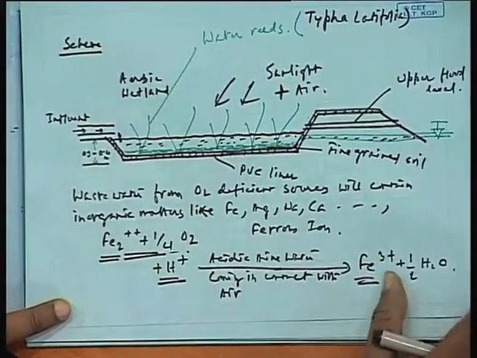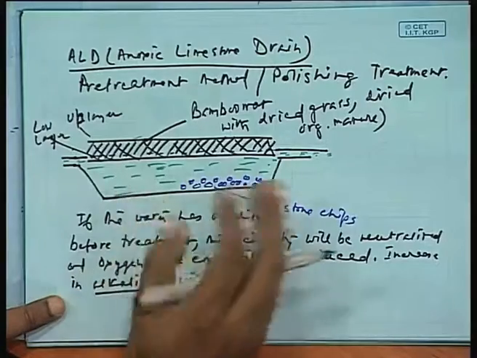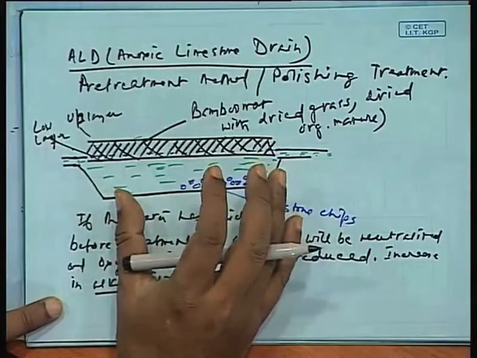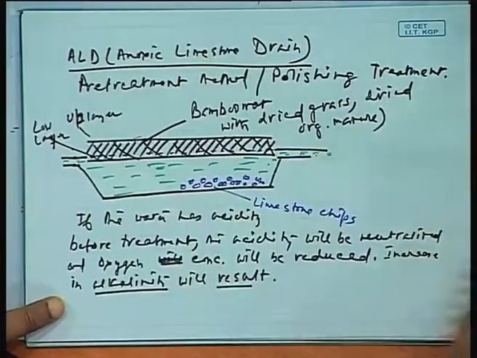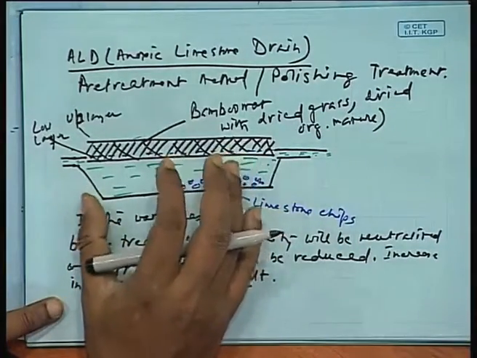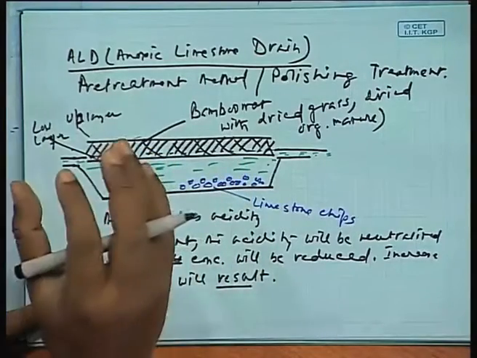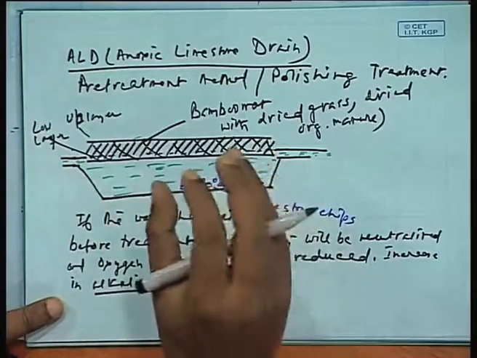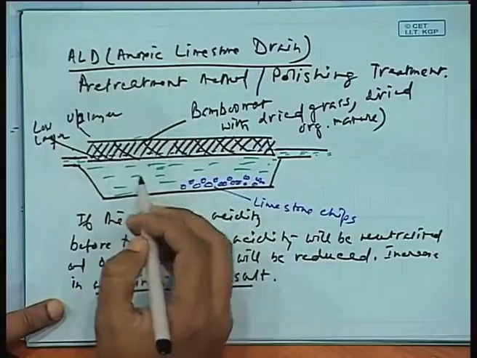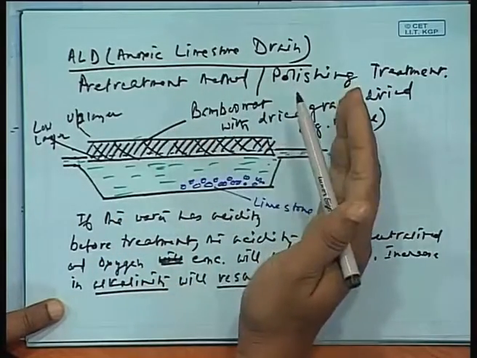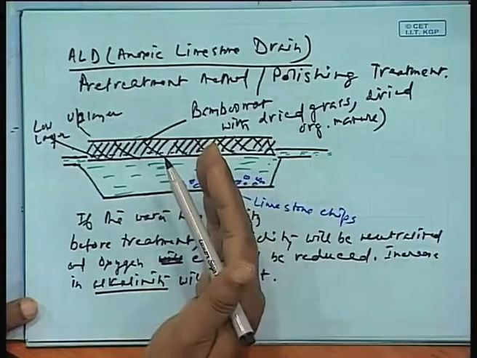The reason is that instead of having a partial deposition of ferric hydroxide in the wetland, the ferric hydroxide would be formed in a controlled manner. The water would be alkaline, so the ferric hydroxide would be formed only in the principal wetland, not before it.